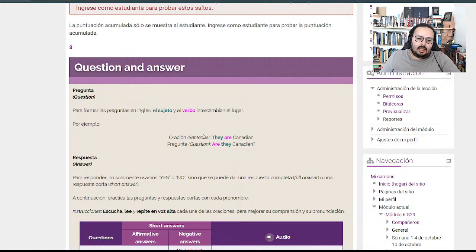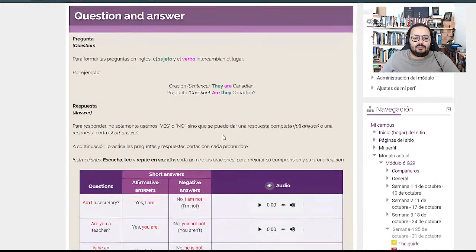In every sentence in English that is affirmative, we start with the personal pronoun and then the verb to be. But if we want to turn this sentence into an interrogative sentence, we have to change the order. We have to start with the verb to be and then the subject and then the complement of the sentence, which could be a nationality, a profession, or whatever.